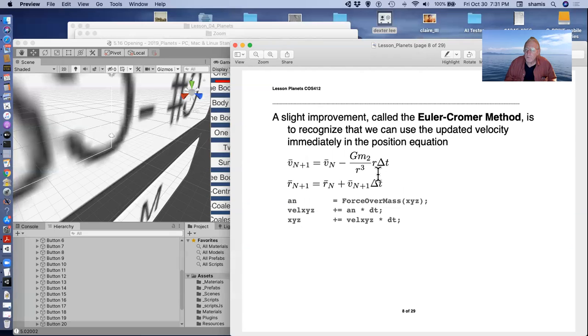A slight improvement called the Euler-Cromer method updates the velocity and uses it immediately. So we get the velocity at the n+1 step, and we use it to project the position to the n+1 step. All we had to do was reverse the order of those two equations.